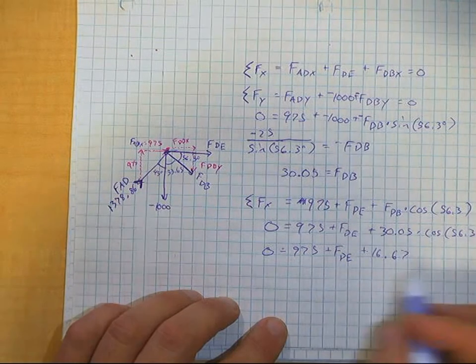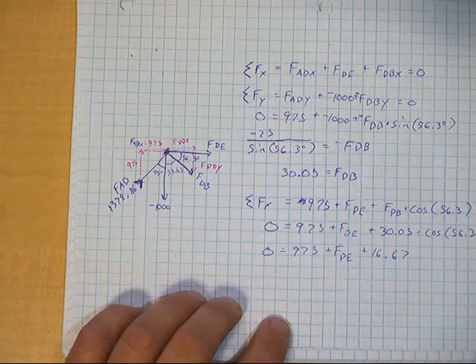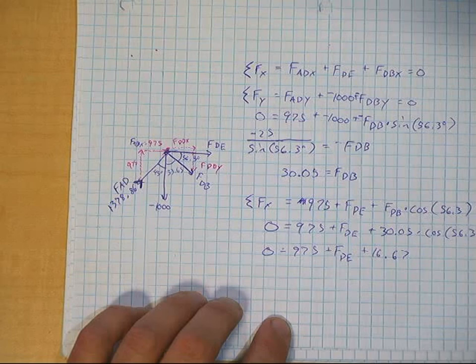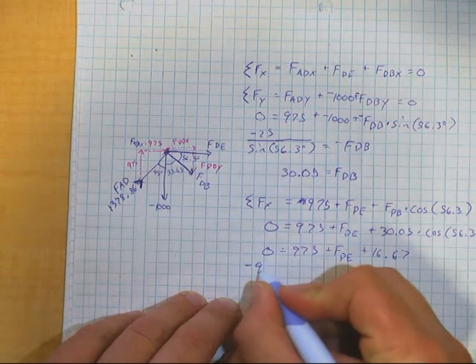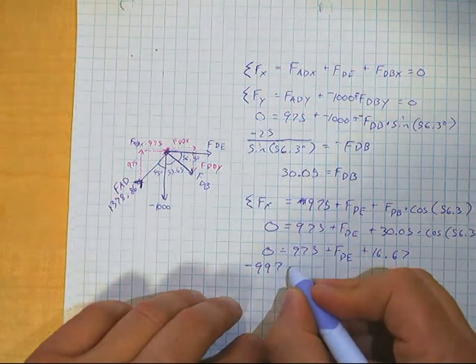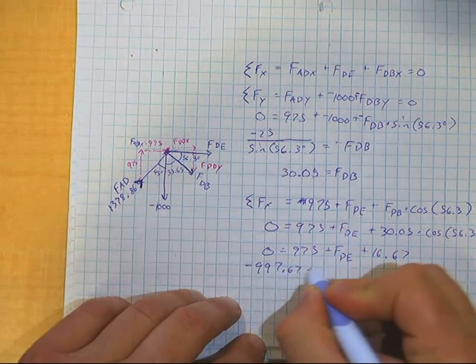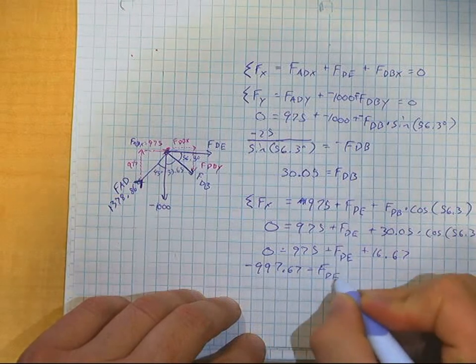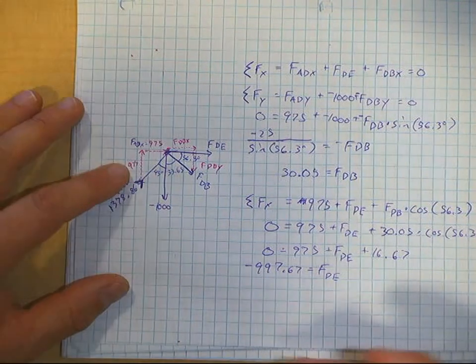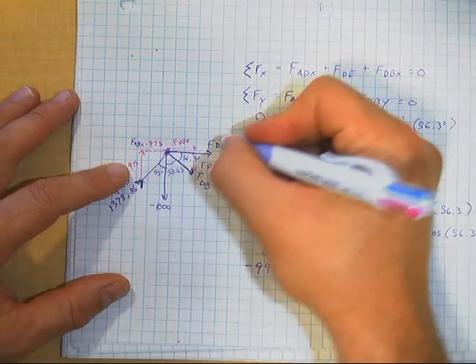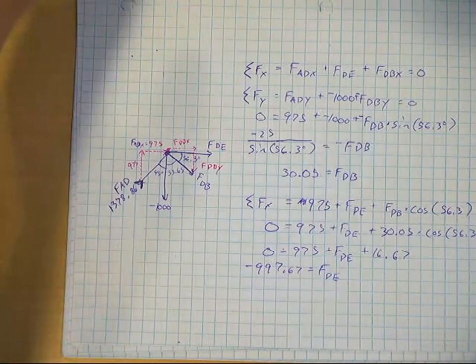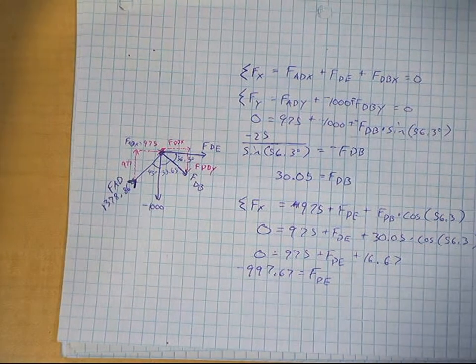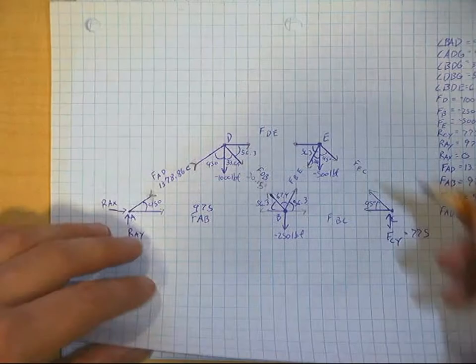We add those up, and we end up with negative 991.67 equals FDE. Now we transfer that value back onto our original diagram.